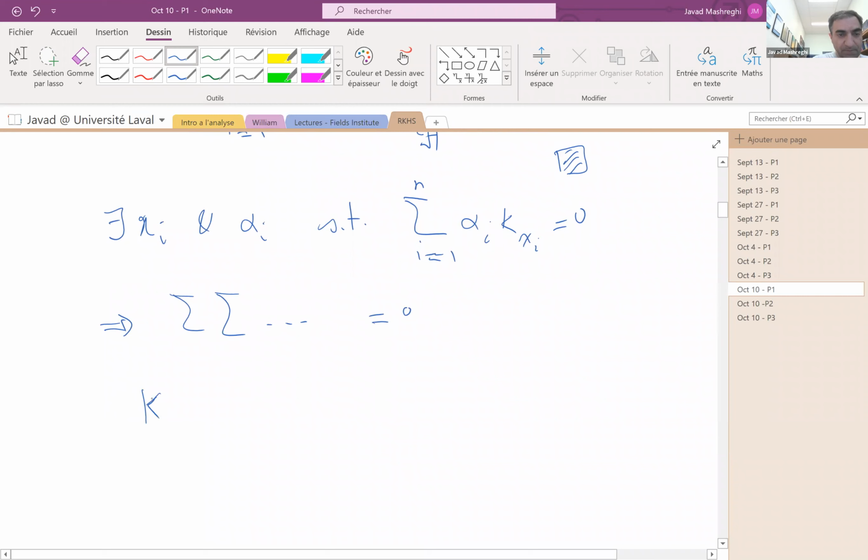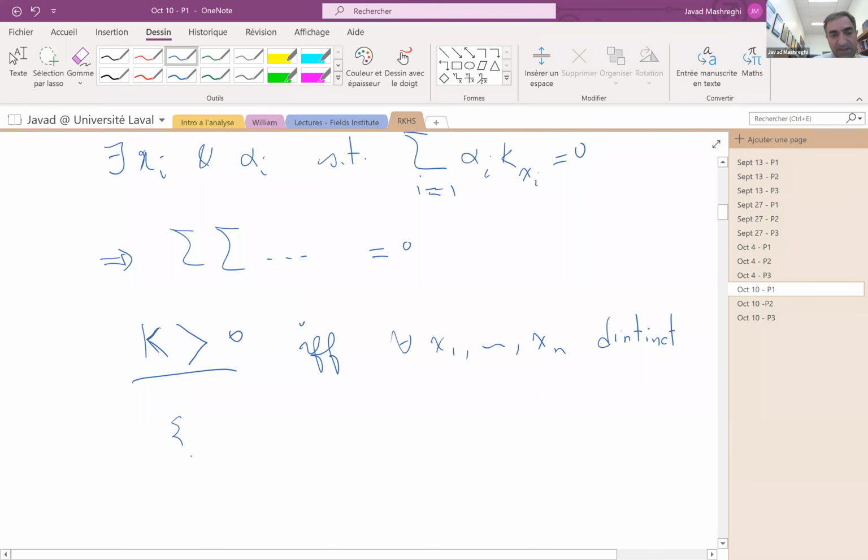The K that we have is strictly positive if and only if for any distinct collection of points, the set k_x1 up to k_xn is independent.